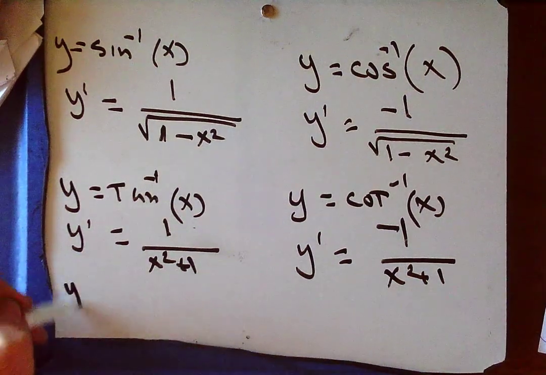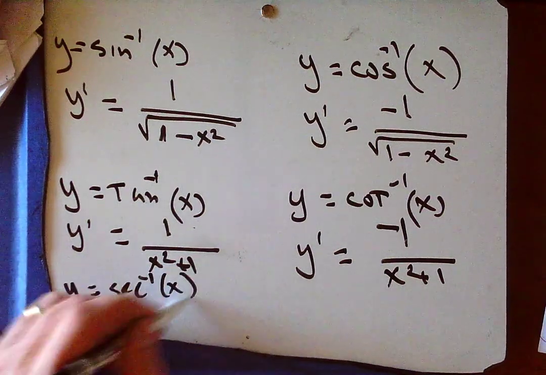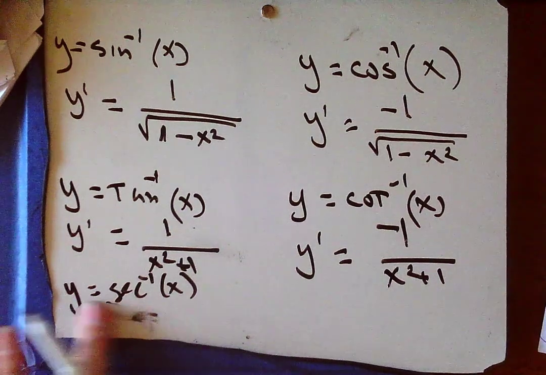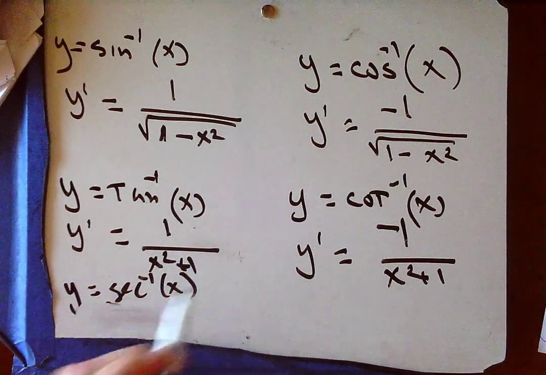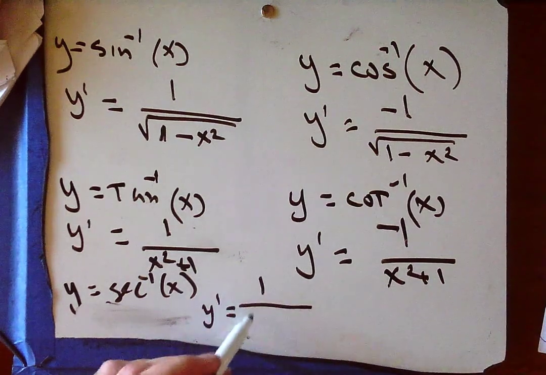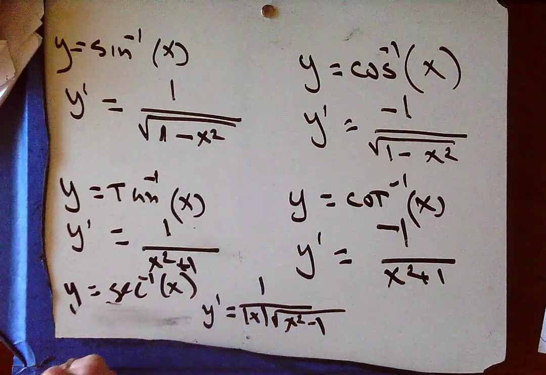And then we finally did y equals secant inverse of x, and y prime in that case was that very interesting 1 over absolute x square root x squared minus 1.